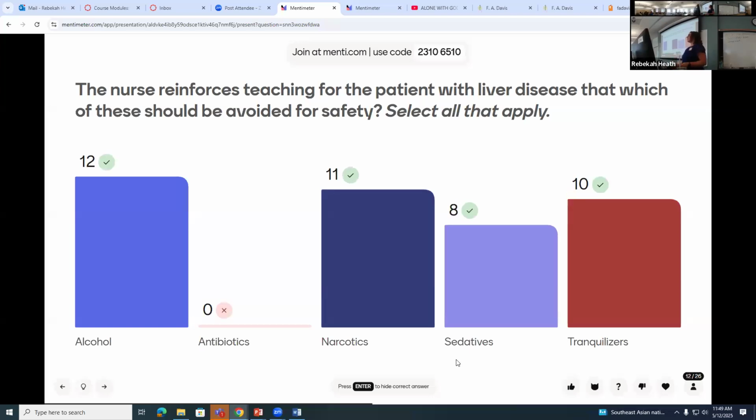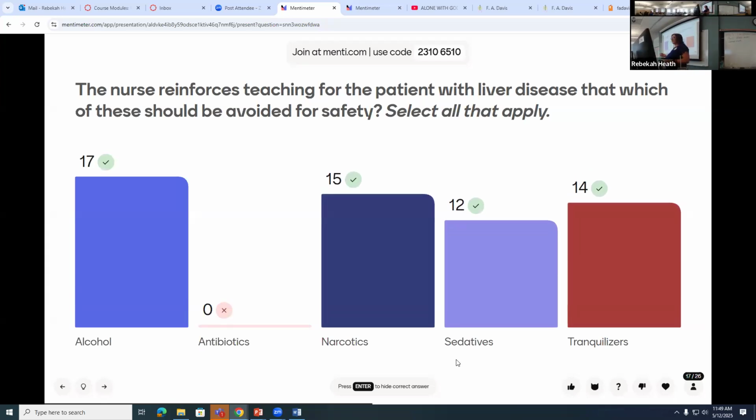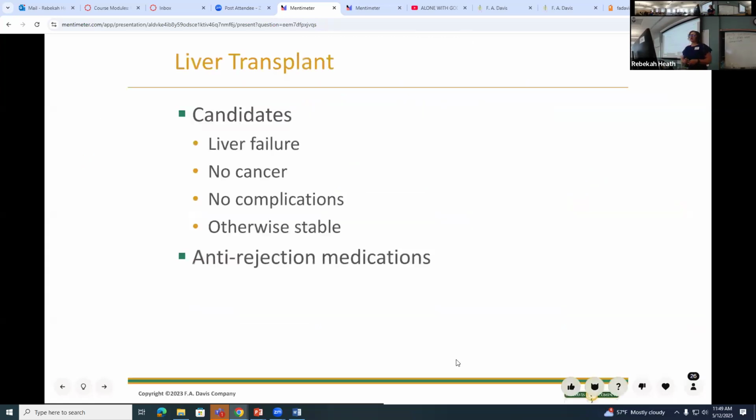So anything that's going to cause more cognitive depression, right? It's going to be hard for the liver to clear, and it might hide signs and symptoms of hepatic encephalopathy as well. All right, so liver transplants, I'm not going to go into a lot about it. Really, it's just kind of like any other solid organ transplant that we talked about. You have to be a right candidate, and you've got to take anti-rejection medication for the rest of your life.